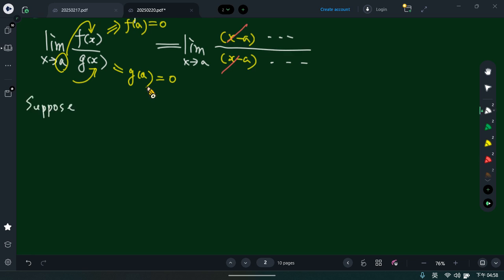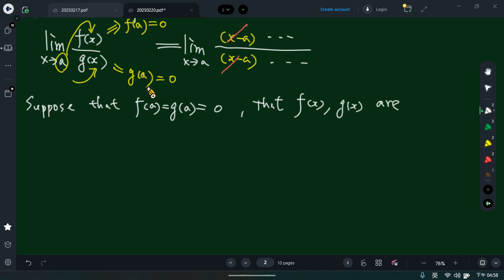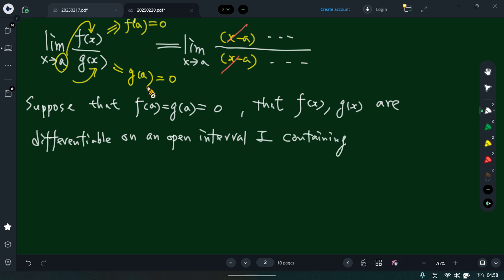Suppose that f of a and g of a are equal to 0, and f of x, g of x are differentiable on an open interval I containing a, and we also assume g prime of x cannot be 0 on the same I if x is not equal to a.